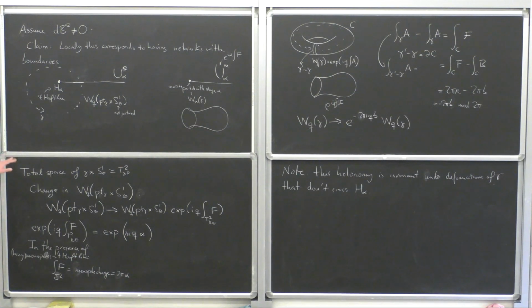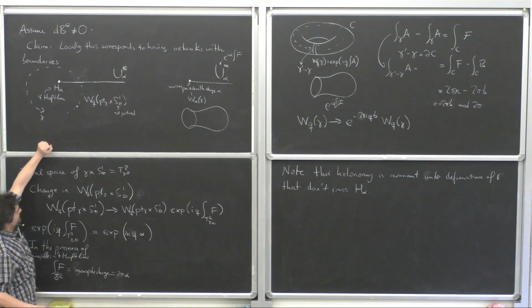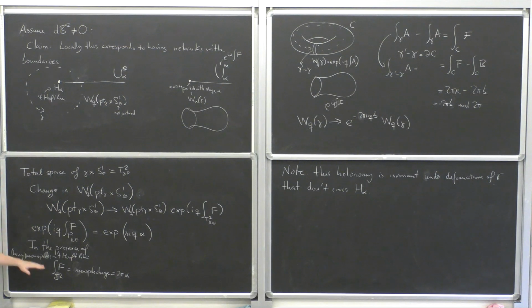I can wiggle that dashed line as much as I want. As long as the deformed line does not cross H alpha, I'm always going to get the same result in this calculation. The holonomy is always the same.